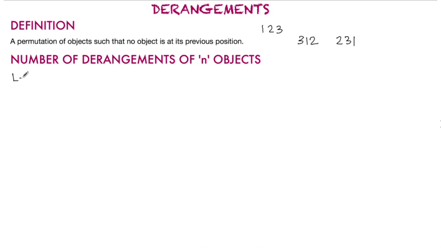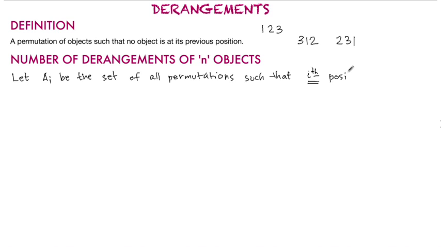We say let Ai be the set of all permutations such that the ith position is preserved.